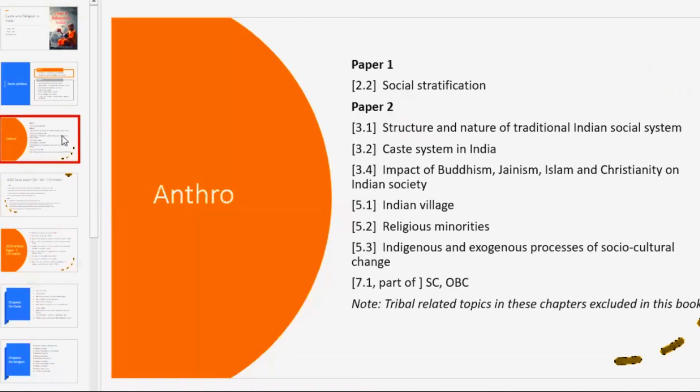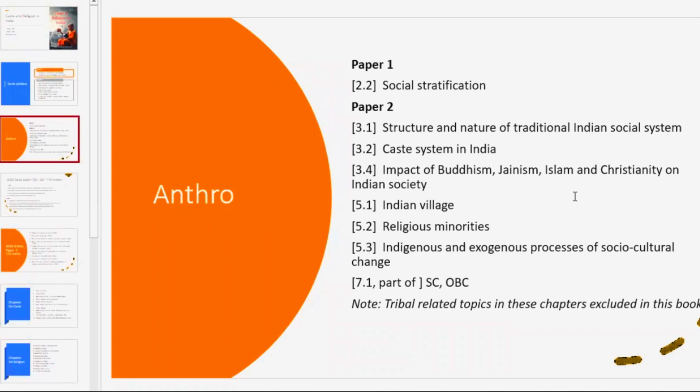And in anthropology, it's mostly paper 2. But paper 1, social stratification is mentioned. In paper 2, structure and nature of traditional Indian social system, caste system, impact of Buddhism, Jainism, Islam and Christianity, Indian village, religious minorities, indigenous and exogenous process of social cultural change, and then part of 7.1, where SCs and OBCs are mentioned.